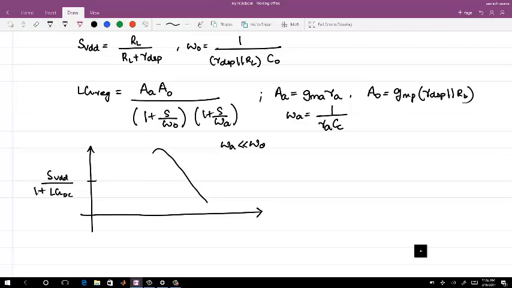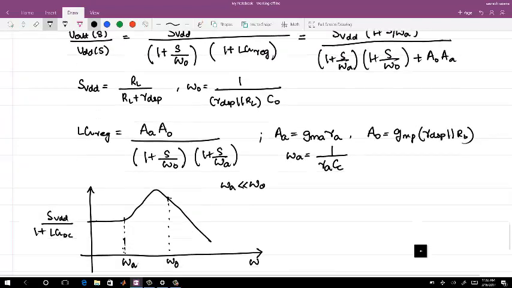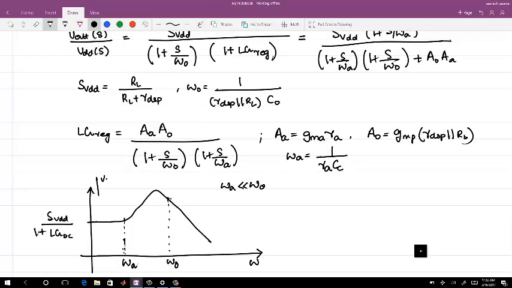There is something like this, where this location is omega A, and somewhere you will have omega O. This is with respect to omega, and this is V out by VDD.